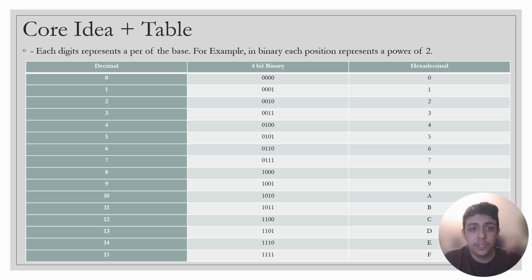Now the table here helps visualize that relationship, showing how the decimal values from 0 to 15 map directly to both binary and hexadecimal. For example, the decimal number 10 is 1010 in binary, and A in hexadecimal. This table is especially useful because it shows that 4 bits in binary directly match one hexadecimal digit.